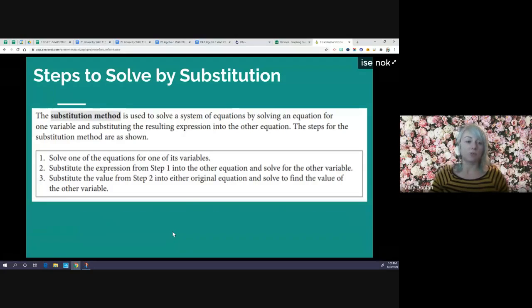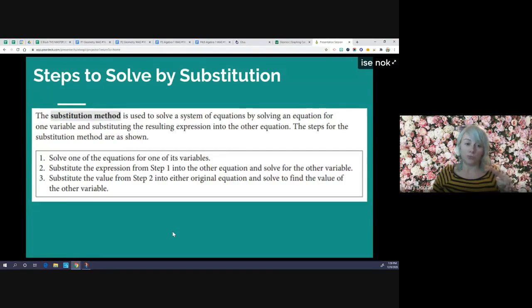Okay, so there's three steps. Step one, solve one of the equations. Remember, you're starting with two equations, so you pick one and you solve it for one of the variables. Typically, you have x and y. So it might be easier to solve for x or it might be easier to solve for y. It doesn't matter. You just pick one equation and you solve for one of the variables.